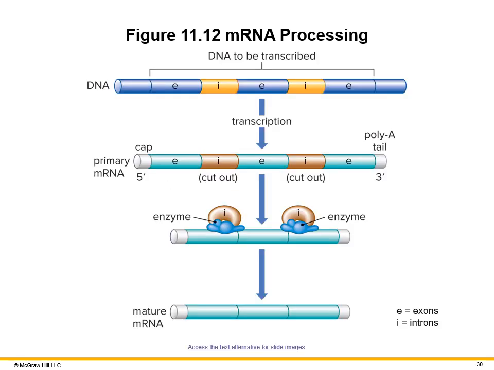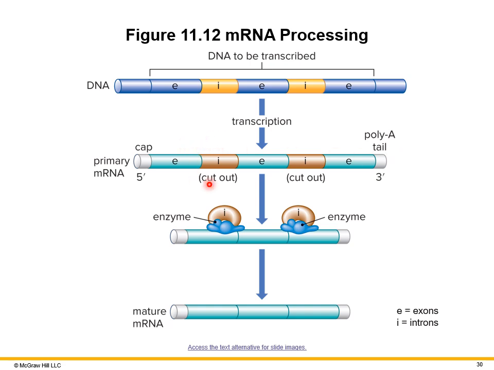Here is a diagram of mRNA processing. The first thing which occurs is the addition of the 5' cap and the poly A tail on the ends of the pre-mRNA. This is going to ensure stability for the mRNA in order to survive in the cytoplasm.